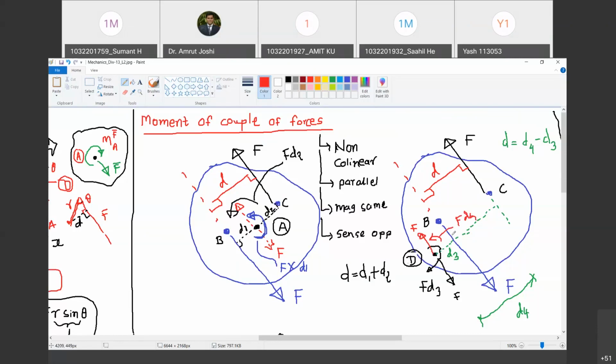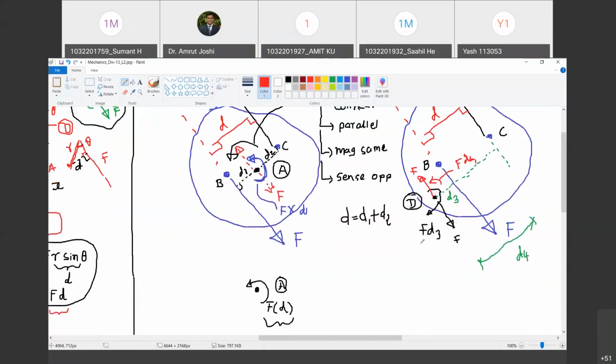Agreed? Yes, sir. F into D4. So if I draw this point B here, what is the unbalanced force acting on point B? Nothing, because this F and F are going to balance each other. Are you with me?